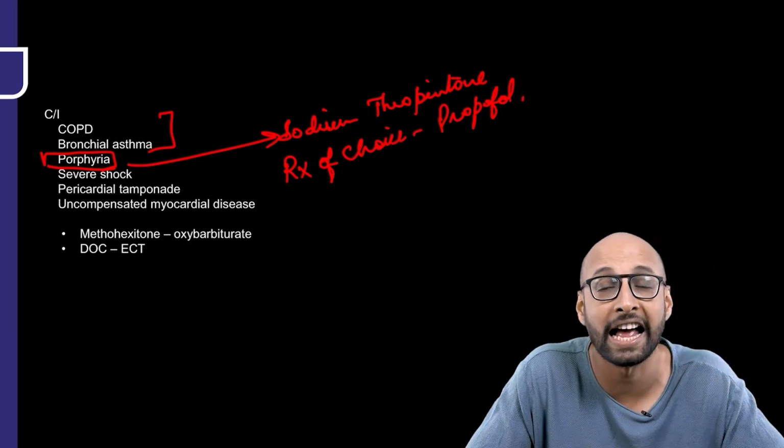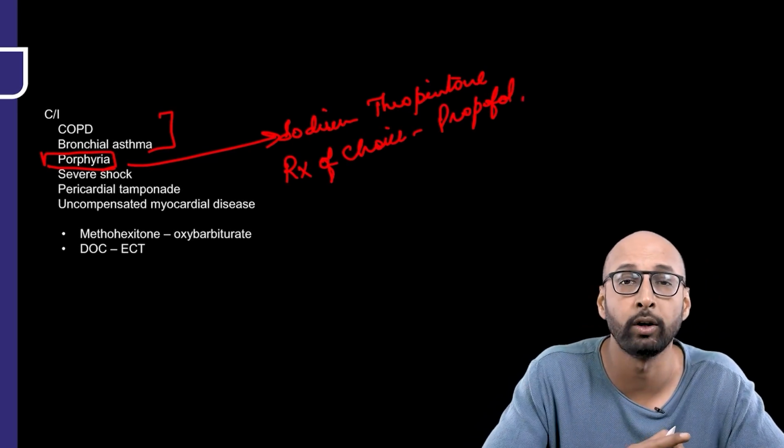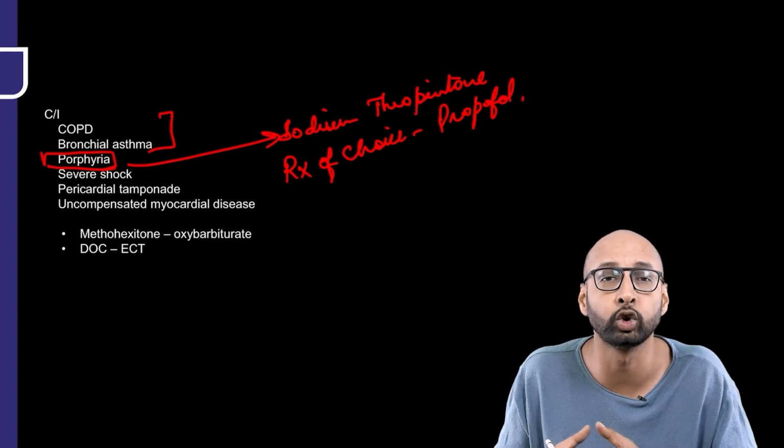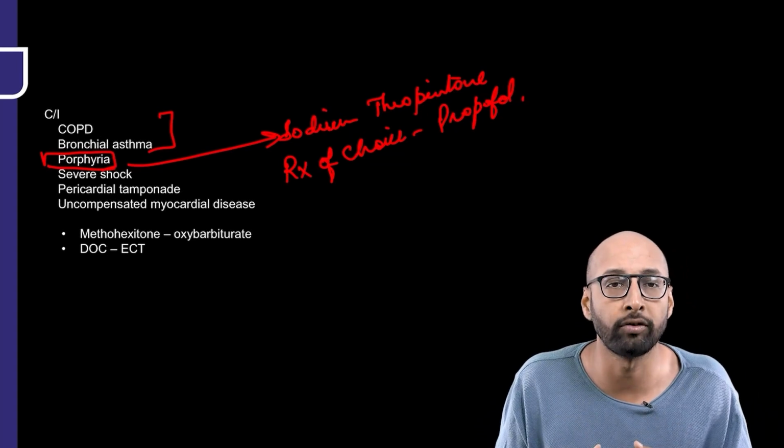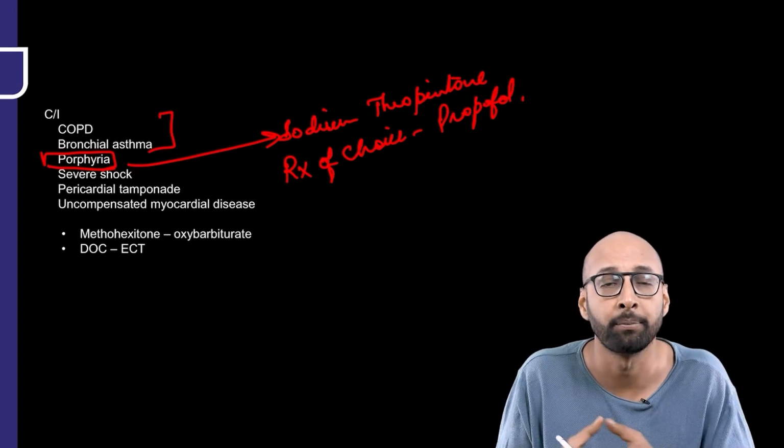So in patients who are having porphyrias, sodium thiopentone has to be avoided, whereas the induction agent of choice in patients who have porphyrias has to be propofol.